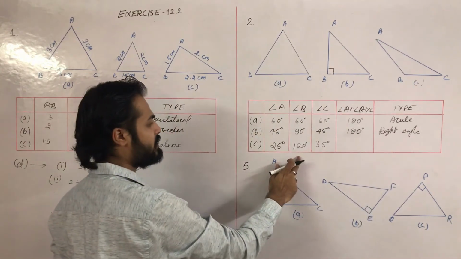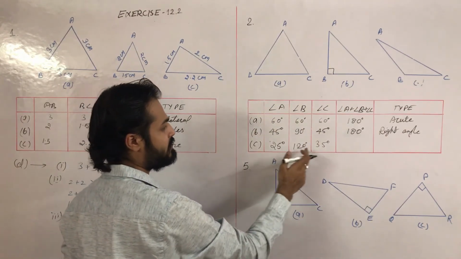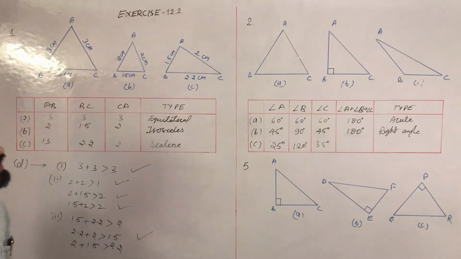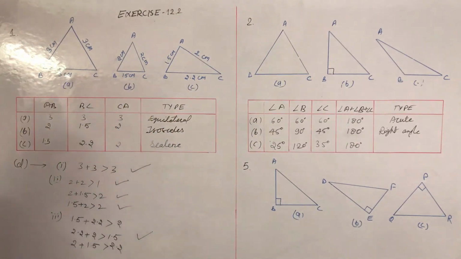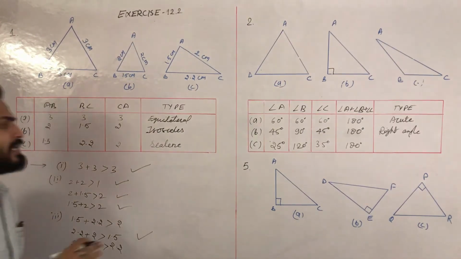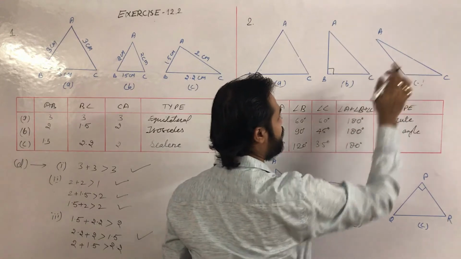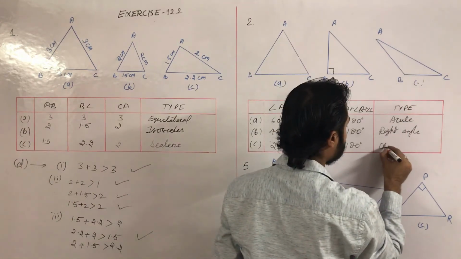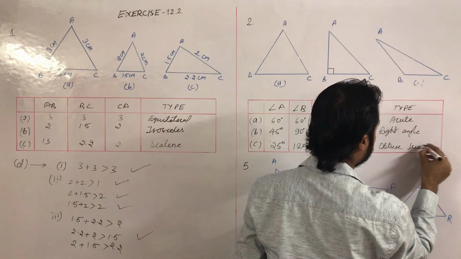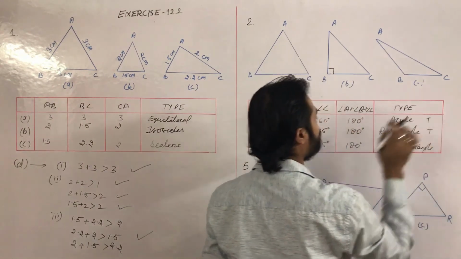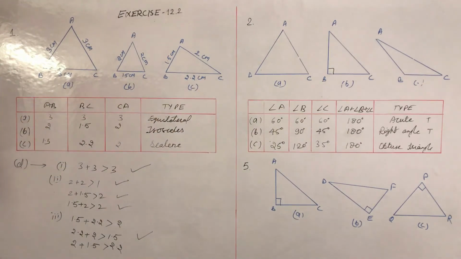So 120 plus 25 is 145, and 145 plus 35 is again 180 degrees. Right. 25, 120 and 35. So in this triangle, angle B is greater than 90. It's an obtuse triangle or obtuse angle triangle. First is an acute triangle, second one is a right angle triangle.